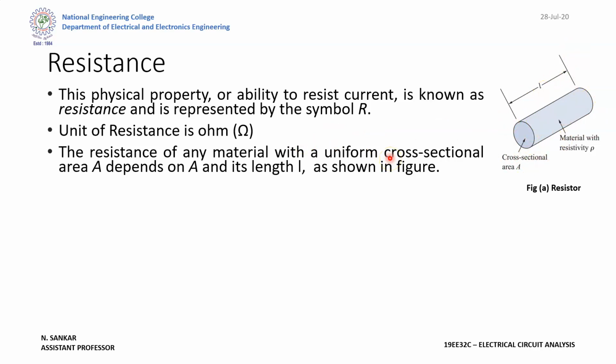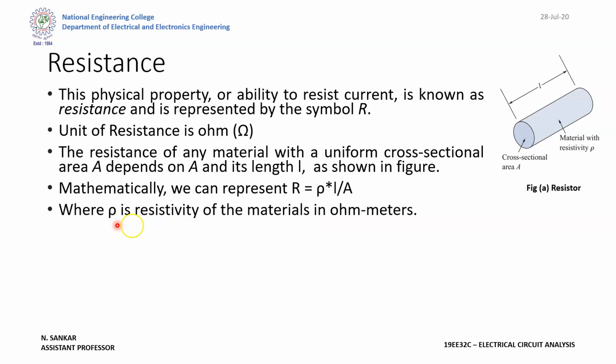Resistance is R = rho L by A, where rho is the resistivity, L is the length of the material, and A is the area of cross section. If the area increases, the resistance decreases. Similarly, if the area decreases, the resistance increases. If the length increases, the resistance directly increases. If the length decreases, the resistance directly decreases.